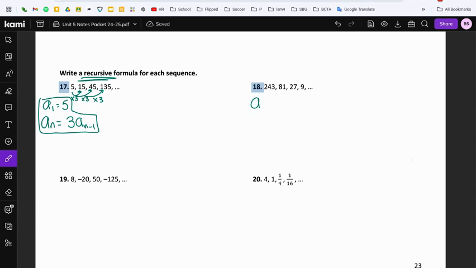So in 18, again, with recursive, start off always, let's define our first term. And now we need to define what's happening to the term before. So this one's a little bit more difficult. All right. So we can look at this and be like, all right, it's definitely not subtracting the same thing over and over again because those differences are too different from one another. But instead, I could take any of these terms.